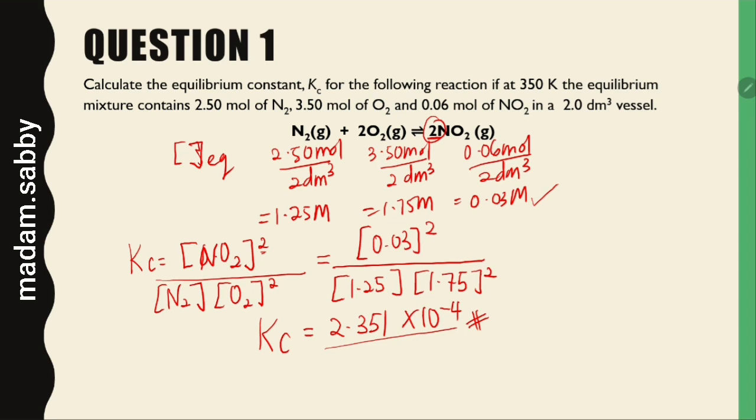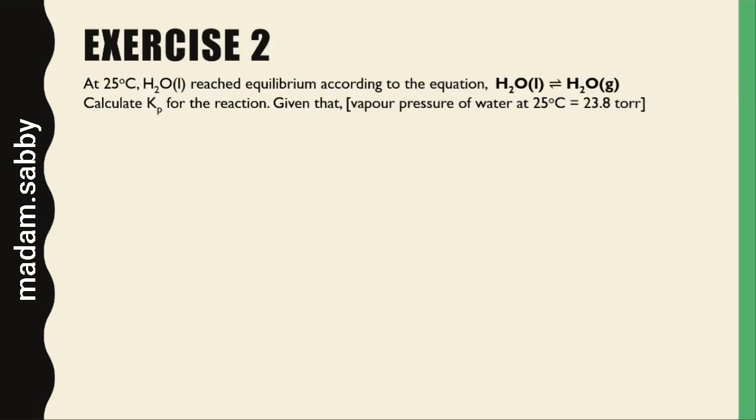The second mark is given when you write down the Kc expression correctly, and then for the substitution process as well as the final answer. So this one can be worth about 4 to 5 marks. It's just simple.